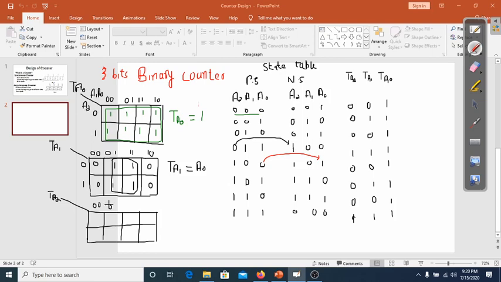So there are four combinations: 0 0, 0 1, 1 1, then 1 0. Here we have 0 and 1. So here we can see that this is 1 for 0 1 1, this is 1 for 0 1 1, and this is 1 for 1 1 1. For the remaining combinations, TA2 is 0.